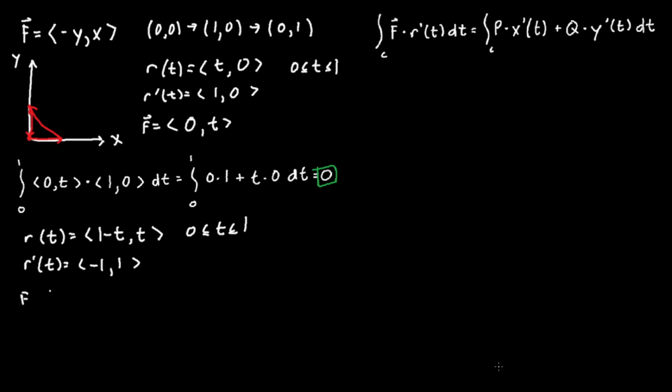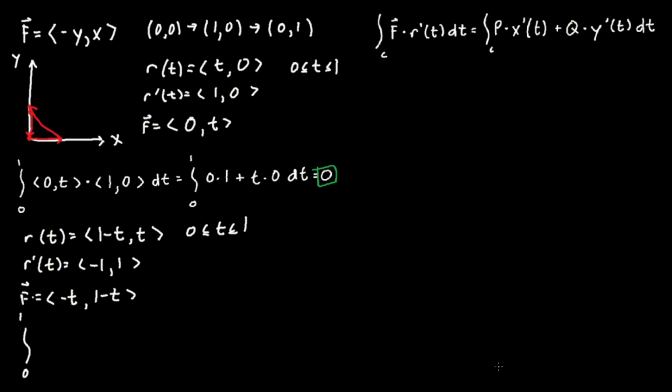When you parameterize your vector field, since this is 1 minus t, this is negative t, because that substitutes for y in our vector field. These are our y components. And x is just positive x, so we substitute for x. So this is our vector field here. If we were to write out our integral, the bounds are 0 to 1, as it is for t.